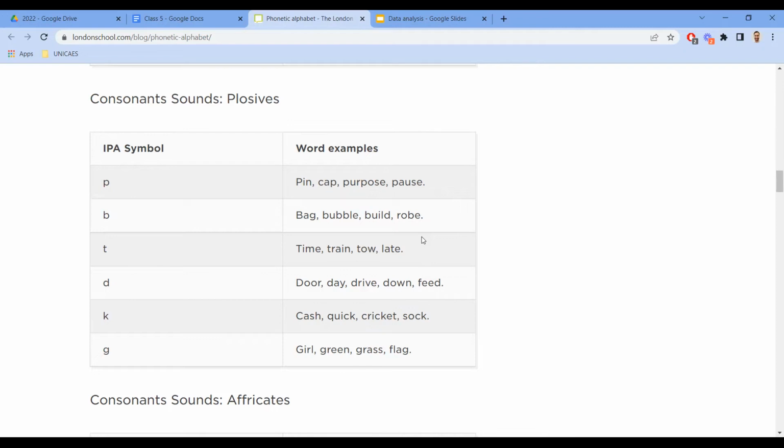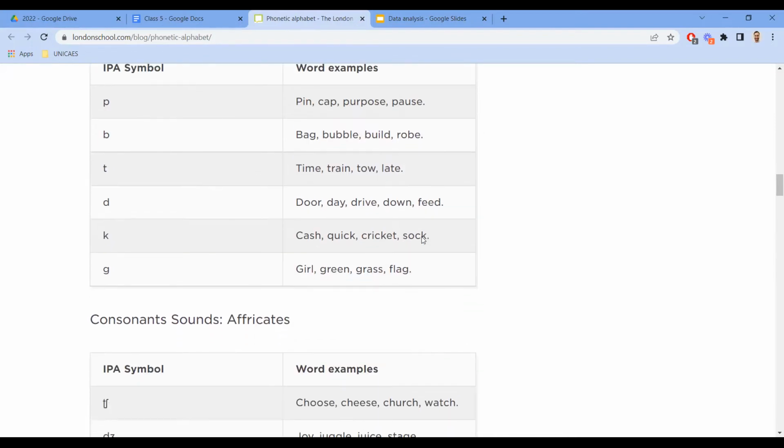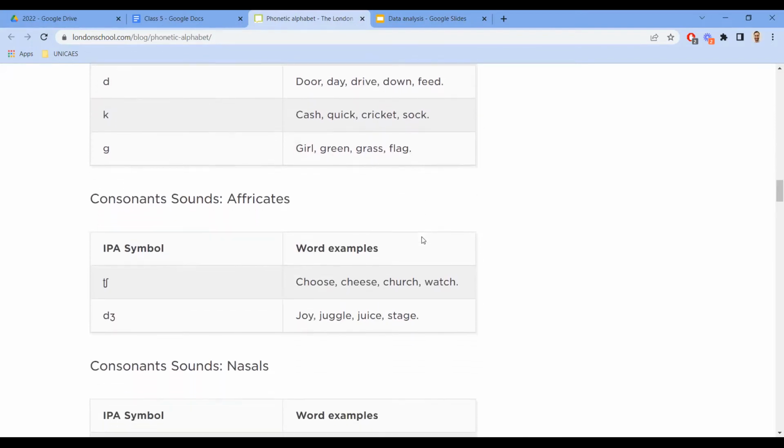Okay? P, b, t, d, k, g. So all of these sounds that are called plosives are produced like an explosive sound. And then we have the affricates, that basically is the combination between two sounds, the ch and the j. So those are the affricates.